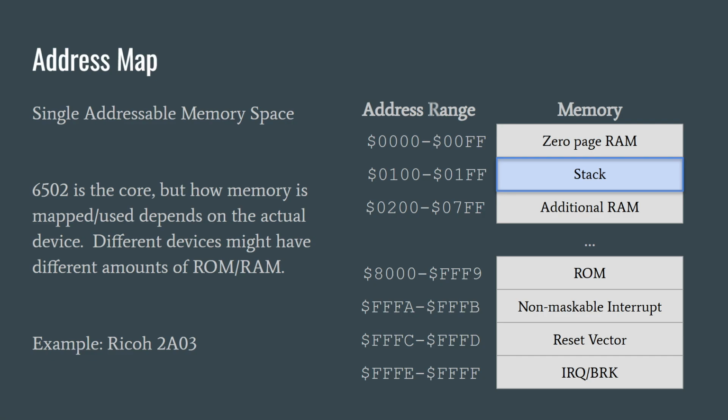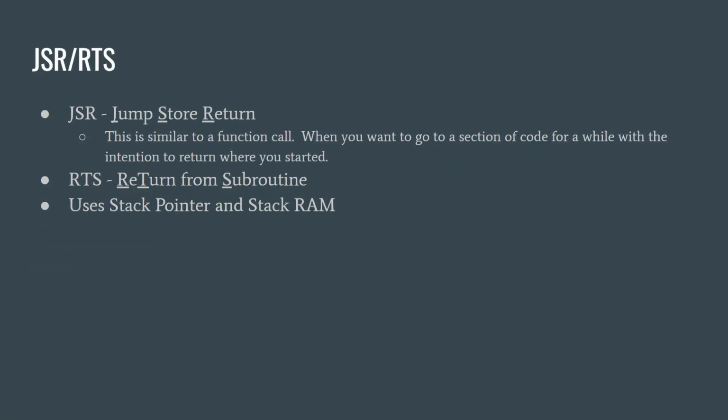Next, we're going to look at the stack. And the reason why we're going to look at the stack is we're going to introduce the jump store return, the JSR instruction, and the RTS instruction, sorry. These two instructions are used to create similar behavior to functions.